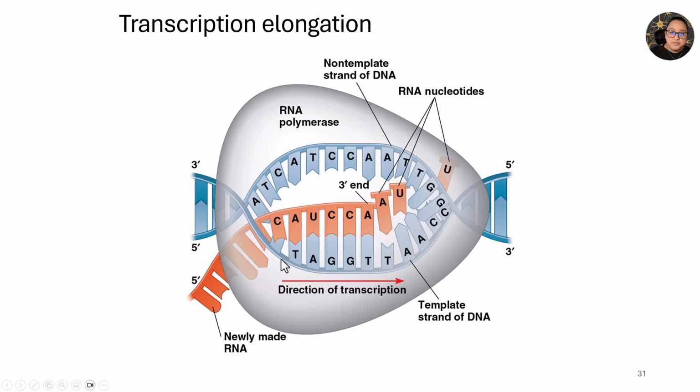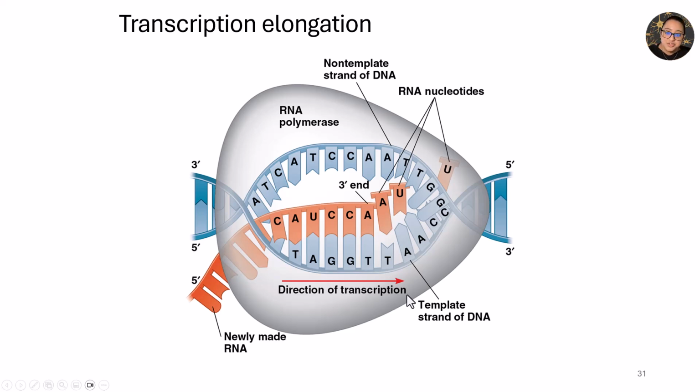So this whole white bubble looking, arrow looking thing is RNA polymerase. It unzips 10 to 20 nucleotides at a time in the DNA, and then it reads the template strand and starts building the mRNA. And remember those anti-parallel rules.